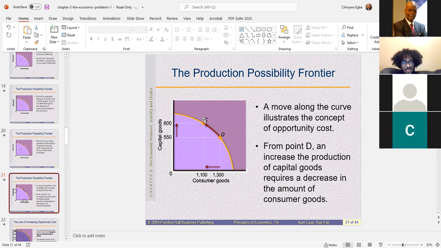Okay, so C is feasible, D is feasible, and any other point here is feasible. But you can see that as you go back and forth on the frontier, you are giving up something for another thing. Okay, so now where you stop on the frontier depends on what is best for you or what you desire the best.